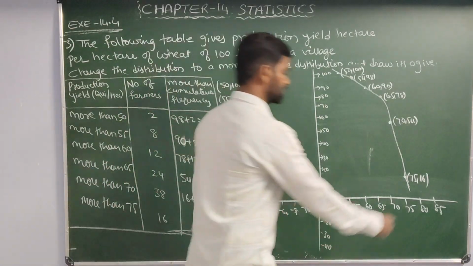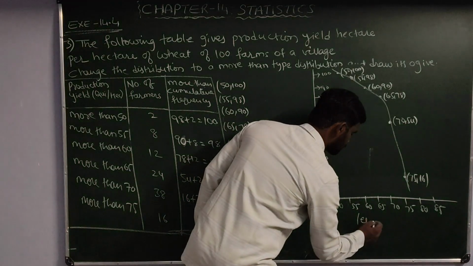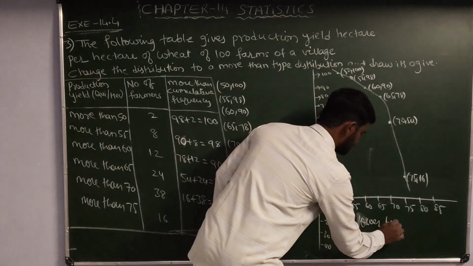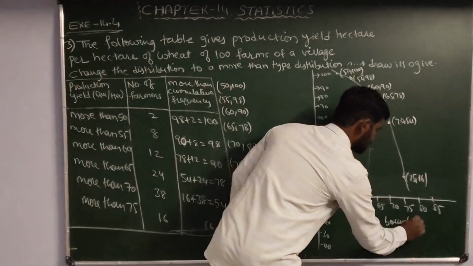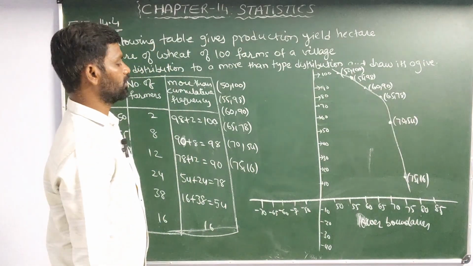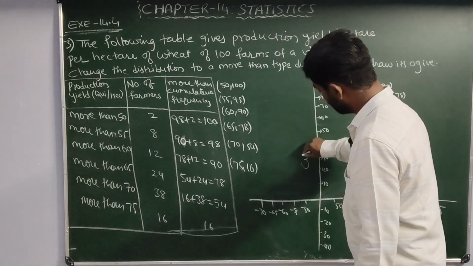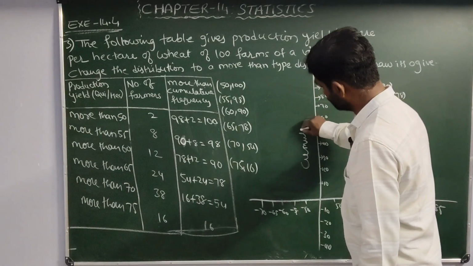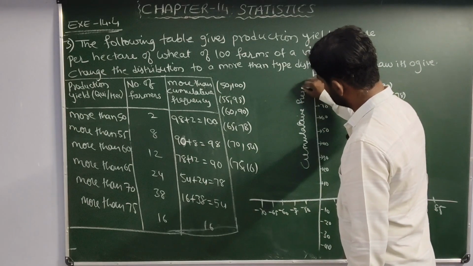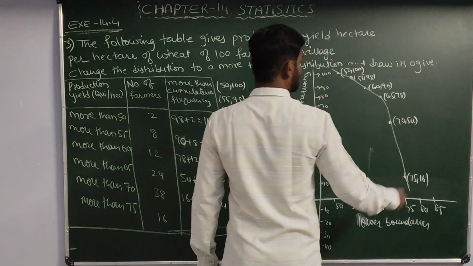On the x-axis, we write lower boundaries for a greater than ogive. For a less than ogive, we write upper boundaries. And on the y-axis, we write cumulative frequencies. Write the scale.